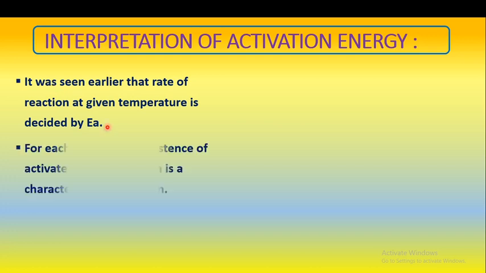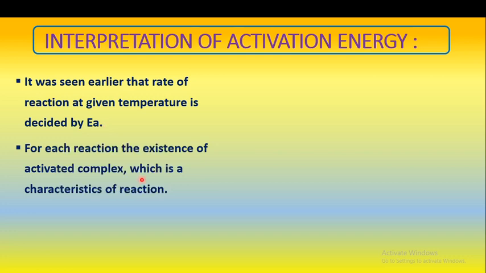And for each reaction, the existence of an activated complex is a characteristic of the reaction. Because EA, that is activation energy, is the minimum amount of energy that the reactant molecules must acquire before they could react. By acquiring this energy, there is formation of an activated complex.